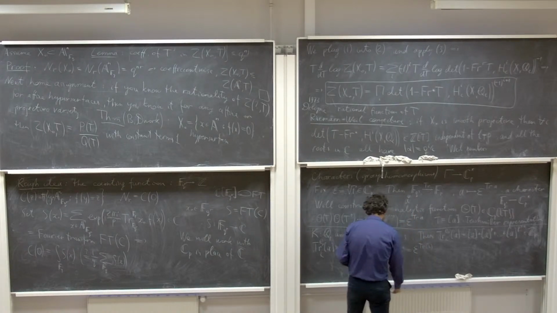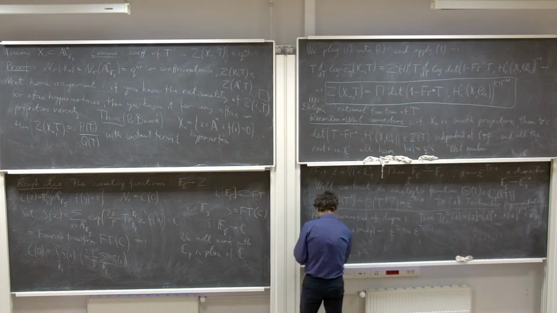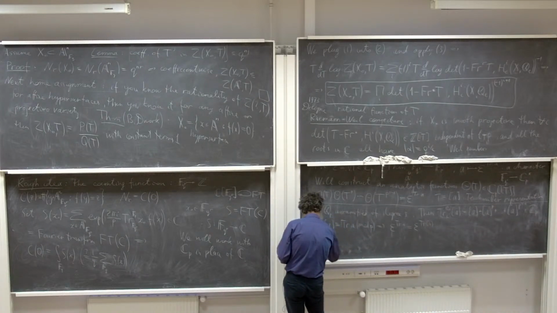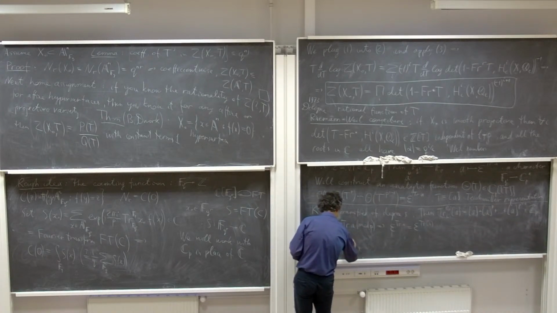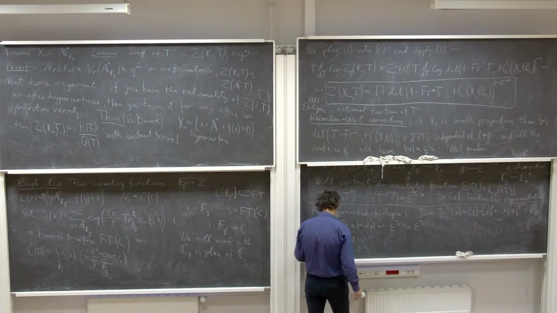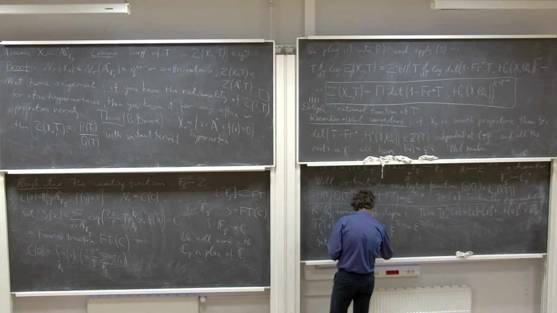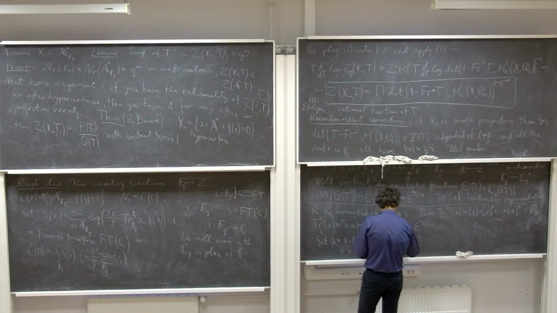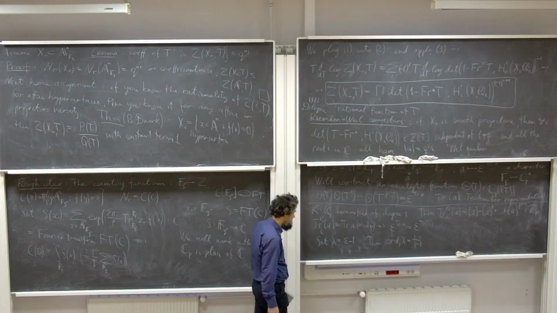Okay, and now we set lambda is epsilon minus 1, and then the order of lambda is 1 over p minus 1.